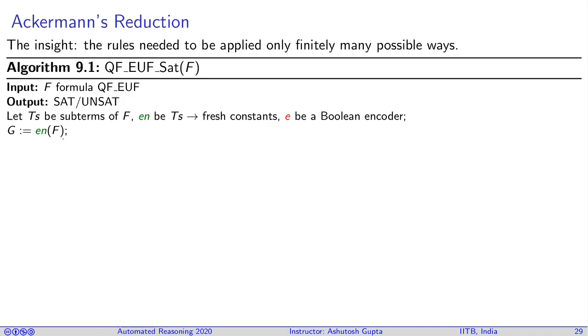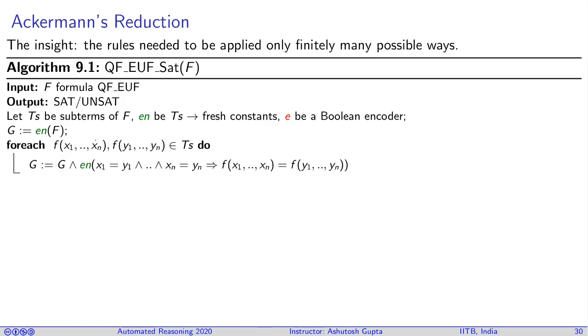You first apply En on F and you get a formula G in terms of these terms. Then for any two function applications where the head function is the same, we introduce an instantiation of the congruence axiom, saying that if their parameters are the same, then their outcome is also the same, and then you encode using the new terms.